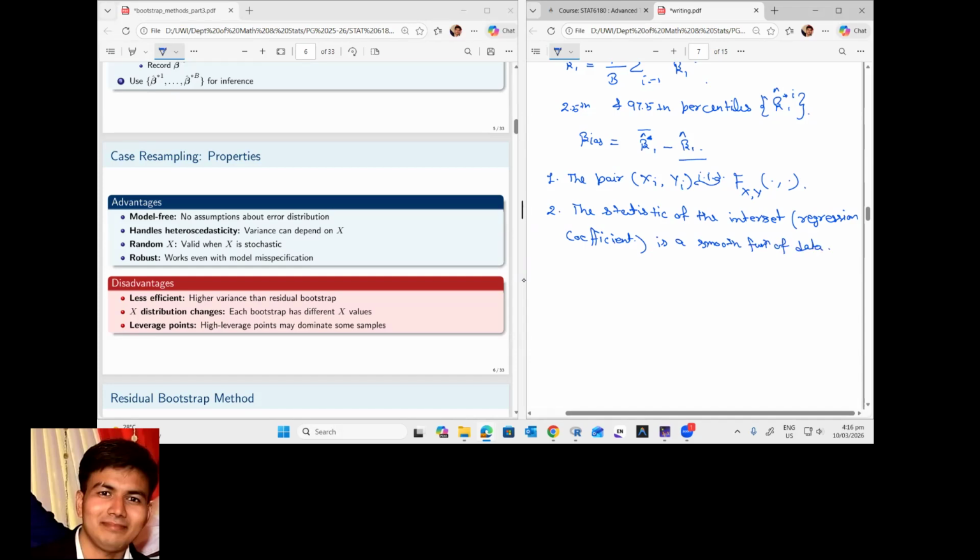That is the second assumption that you should have. For the regression, this holds under the standard regularity conditions. Okay, but we have a limitation here.